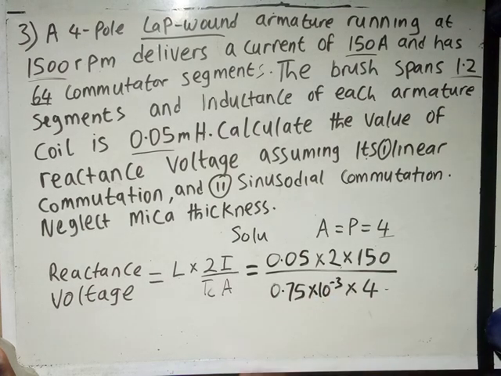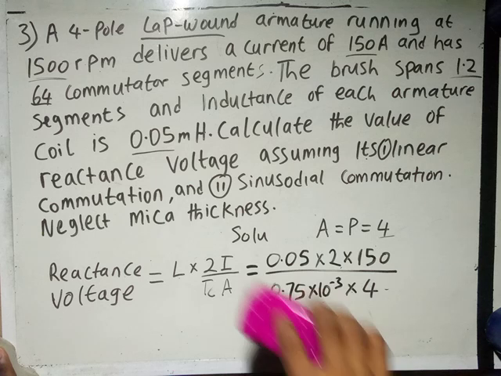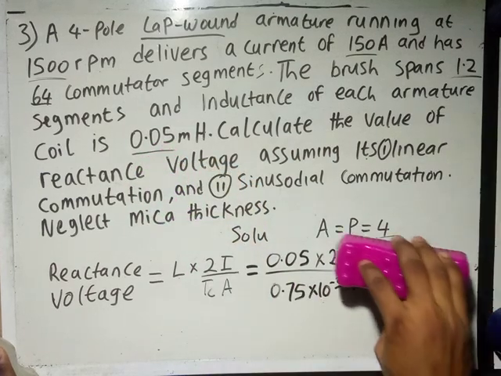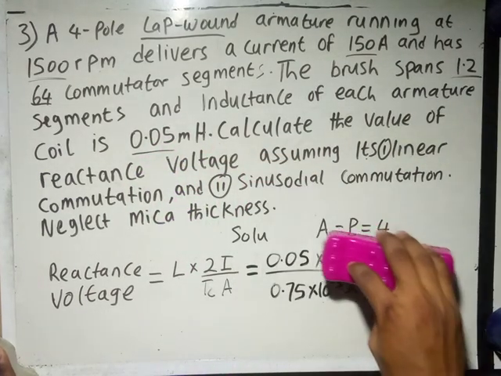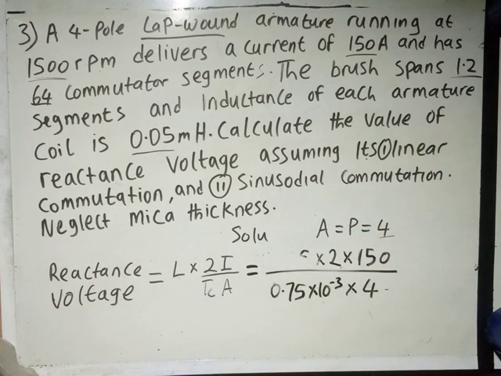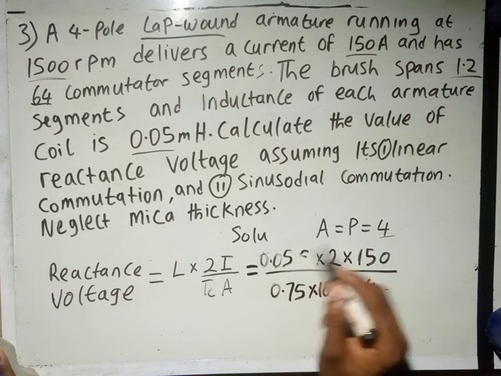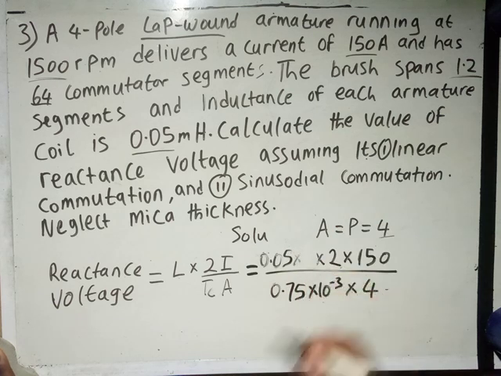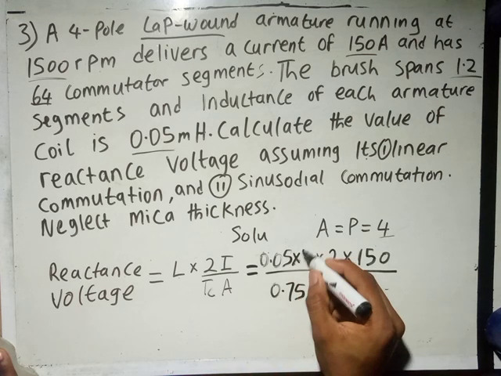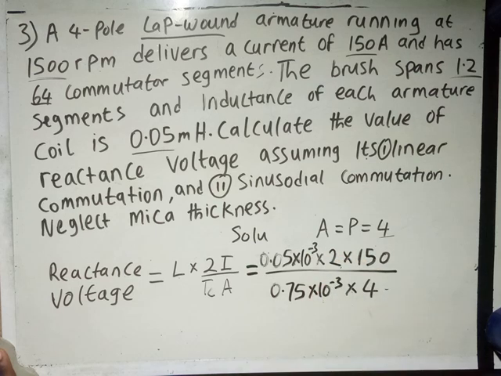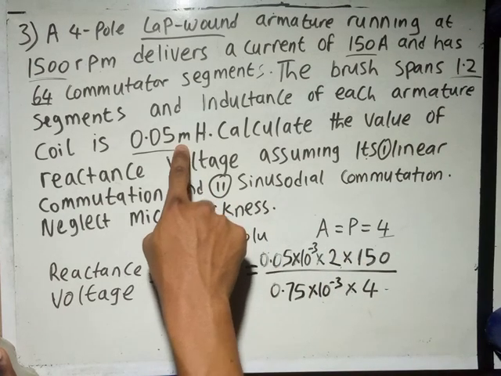Now inputting this in the calculator, I forgot a particular thing. This was expressed in milli. I didn't add that, so we'll be changing this to 0.05 times 10 raised to power minus 3 because of the word milli.